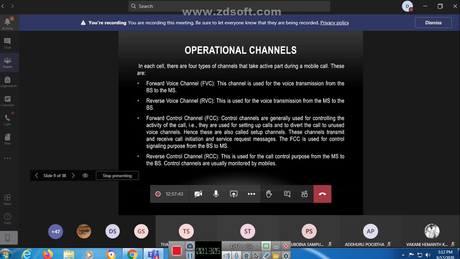Previously we took the forward voice channel. Voice channel means we transmit from base station to the mobile station. Forward control channel means we are using it for the controlling activity of the call.